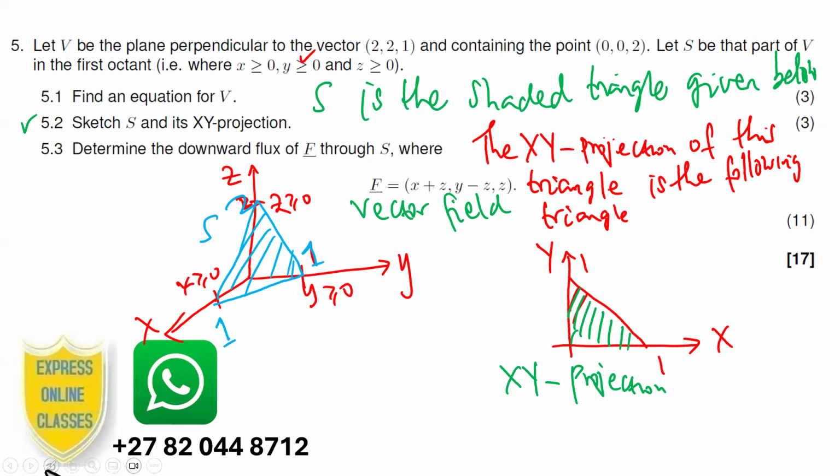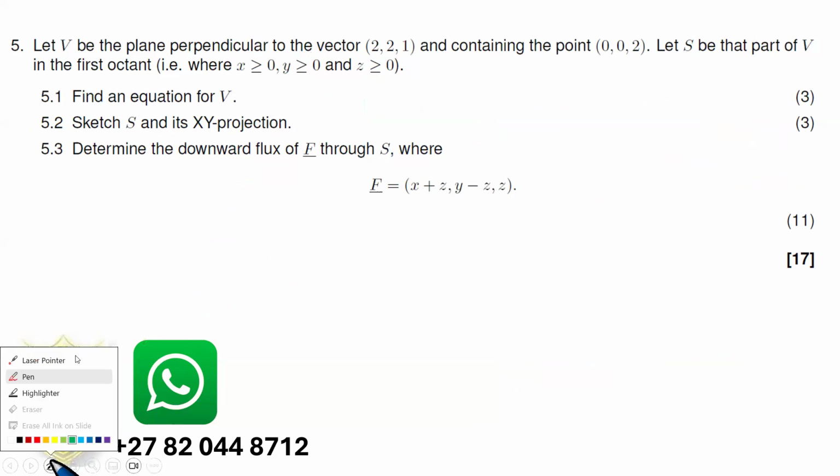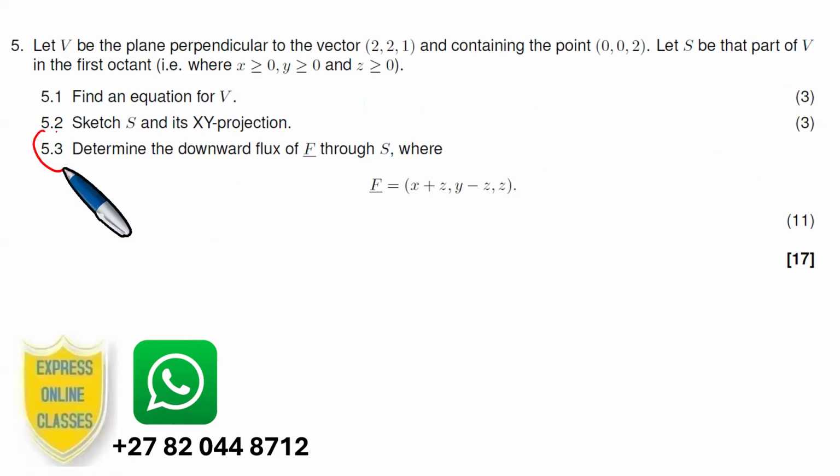Let us look at 5.3, which is this one: determine the downward flux of F through S. So the question is, what do we have here?